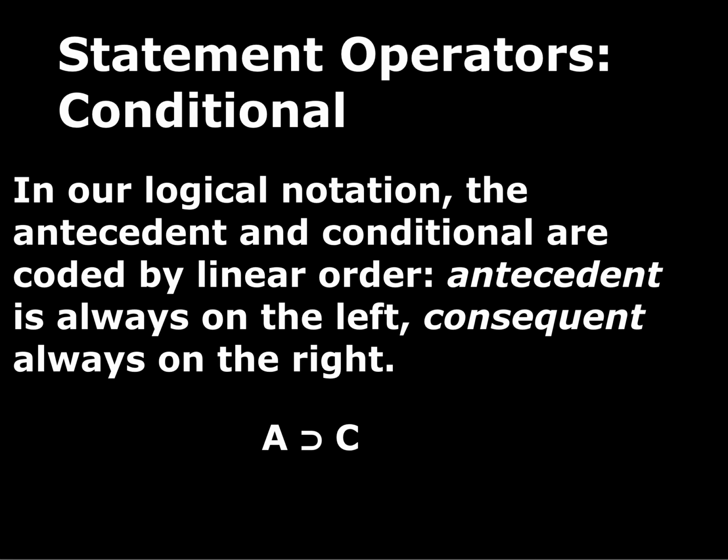But in our notation, we don't use adjacency to anything. We do use linear order. We always put the antecedent on the left of the horseshoe and the consequent on the right of the horseshoe. So in the notation, we do use linear order to code antecedent and consequent.